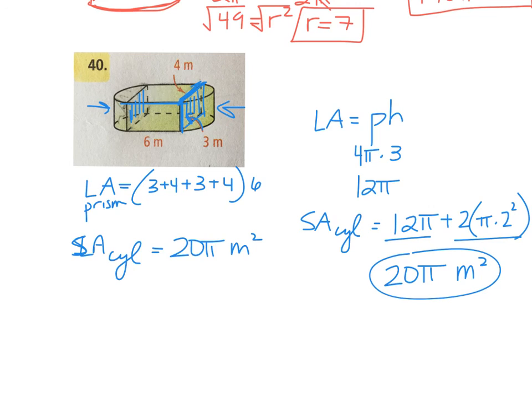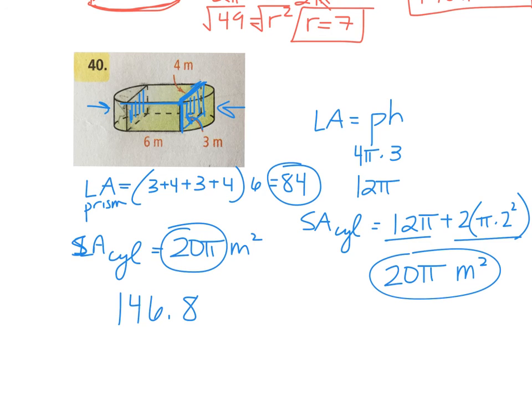We have 14 times 6 is 84 for the prism. So we're taking 84 and 20 pi and adding them together. So 84 plus 20 pi is 146.8, we'll say.